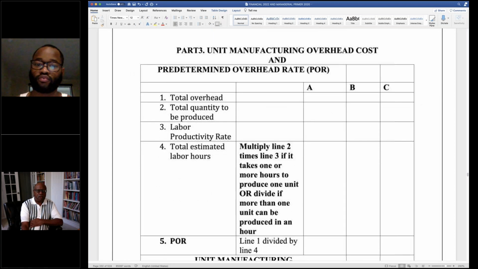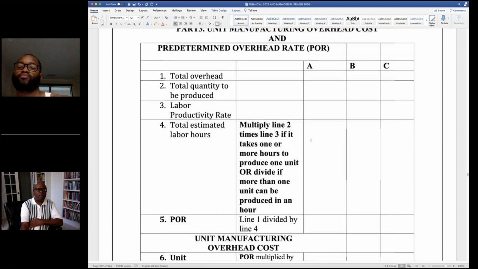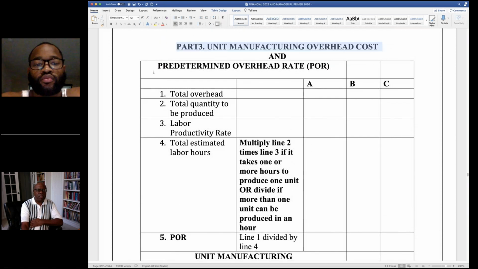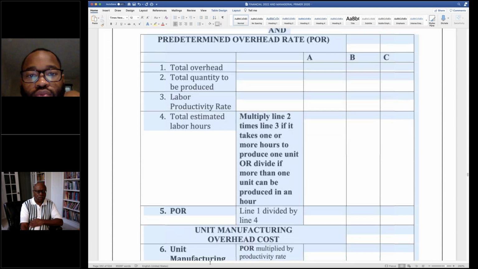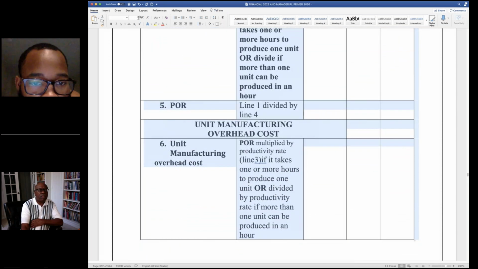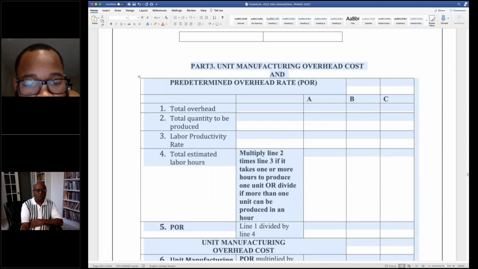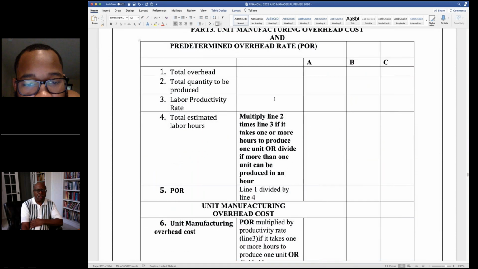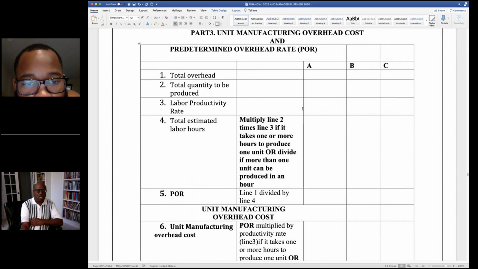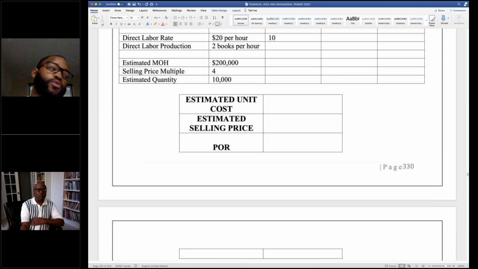This is what that chart looks like to calculate POR. Using this chart, you have just one product with the information from above.